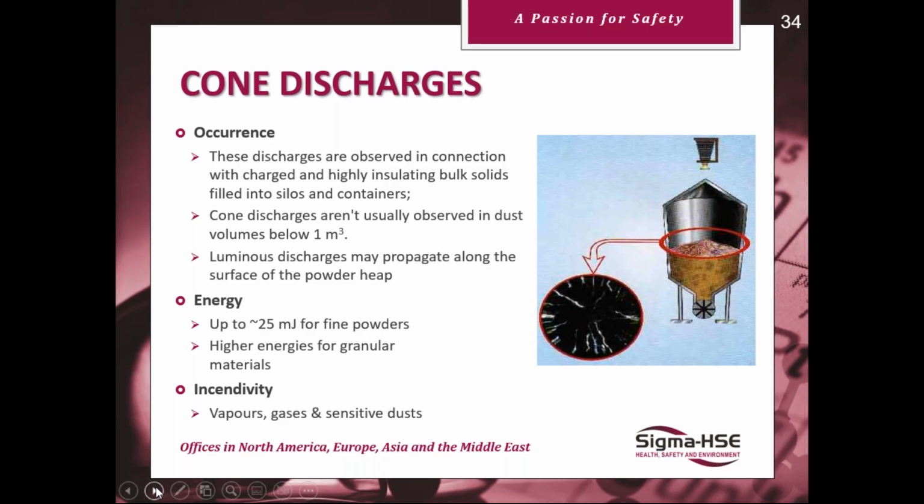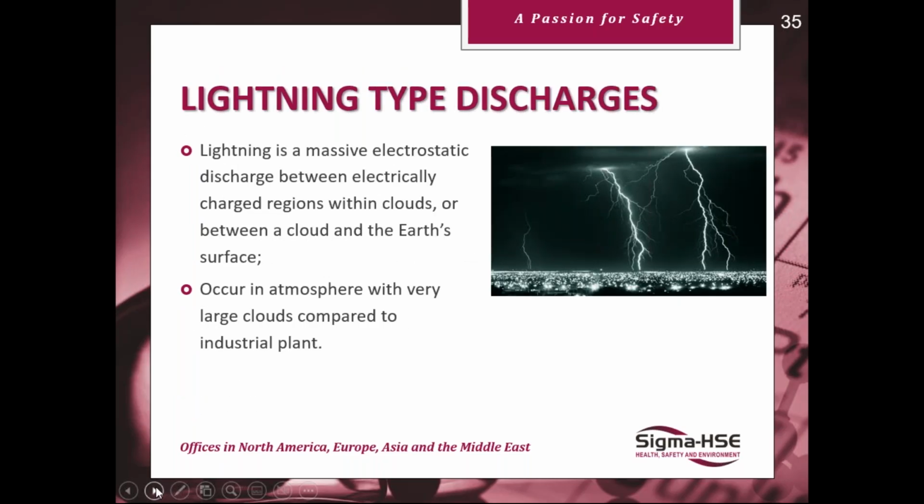Lightning-type discharges, I don't really want to get into this because you should have lightning conductors, etc., but it's between the cloud and the Earth's surface. Very large clouds, compared to what happens in an industrial plant.